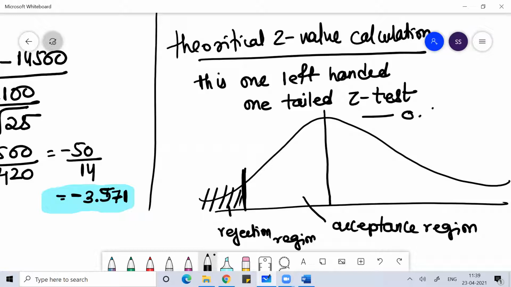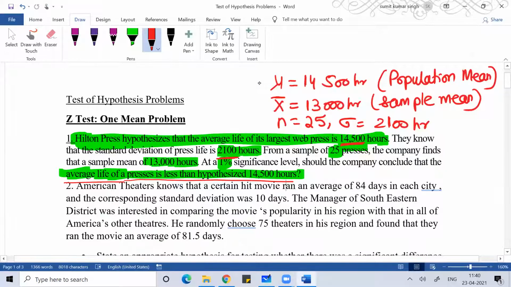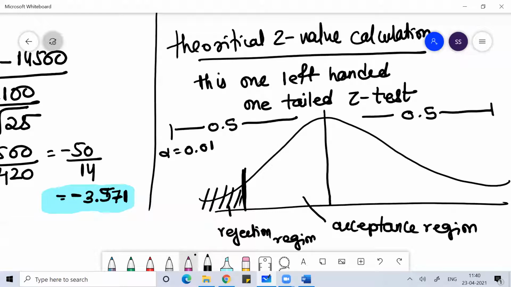You know the normal distribution curve: 50% of the area lies on the right hand side and 50% on the left hand side. What is your value of alpha? Alpha is 1%, so the rejection region is 0.01.